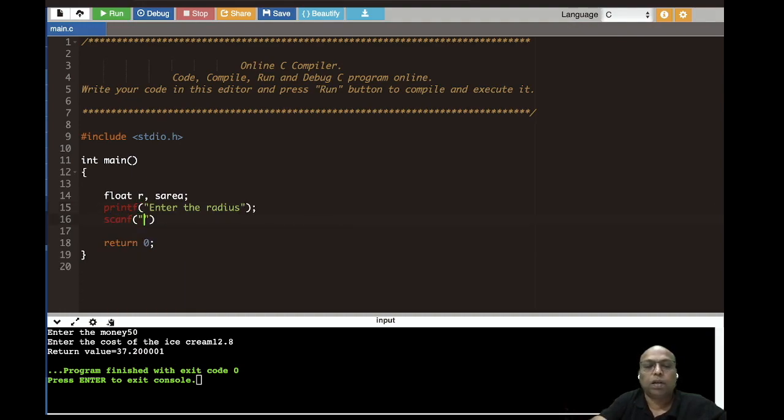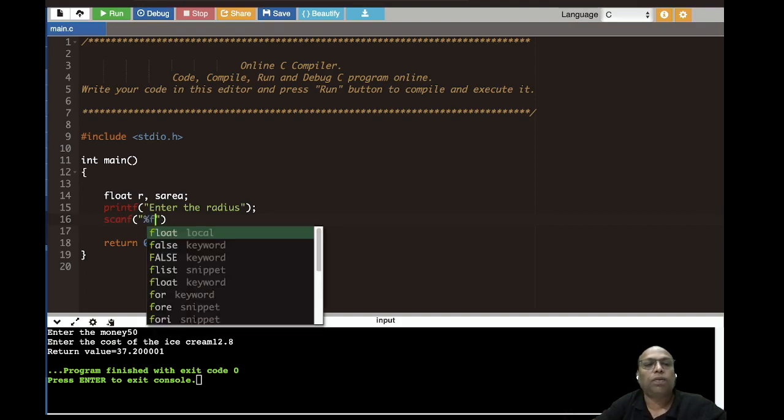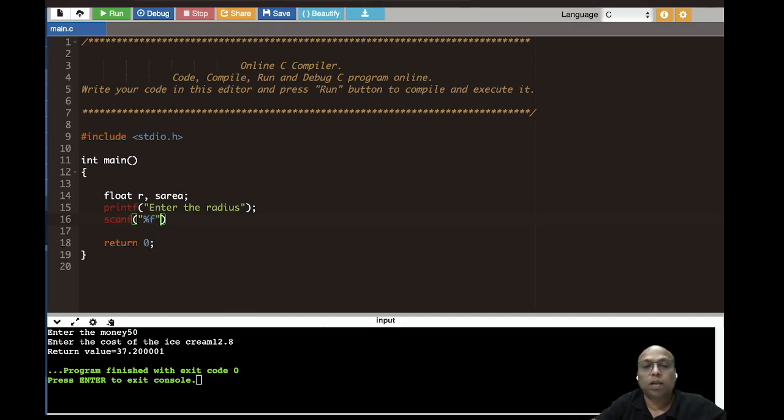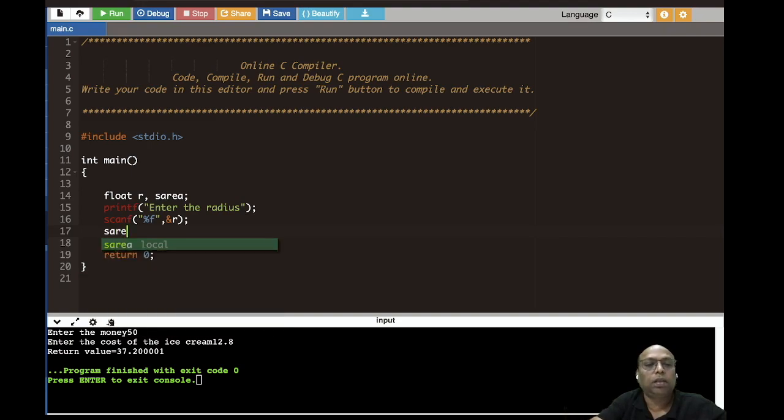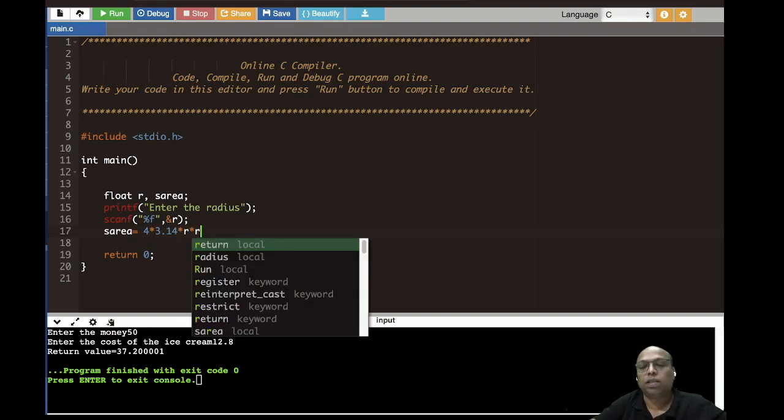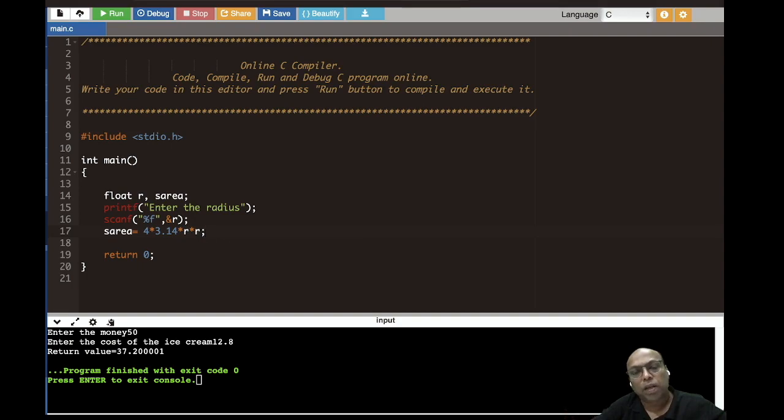Scanf, percentage f, comma, and what is that, S area. Equal to, what should I write in this case? 4 into 3.14 into r into r. This is a multiplication sign. Remember that multiplication is referred to here. What is the output here?